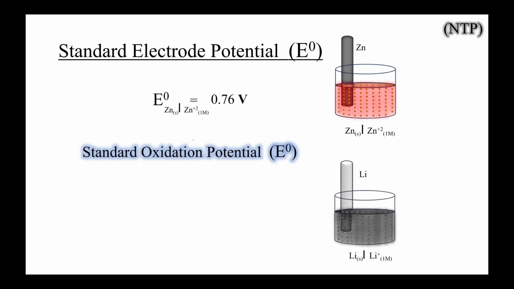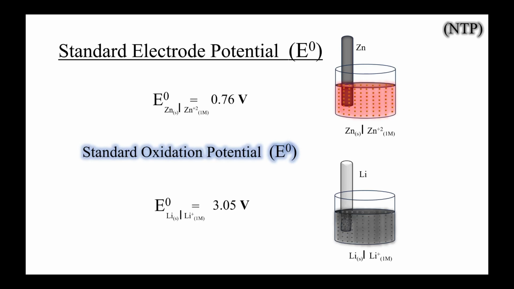Similarly, with respect to lithium, standard oxidation potential of lithium is 3.05 volt. So by this we can conclude that lithium has more standard oxidation potential than zinc.